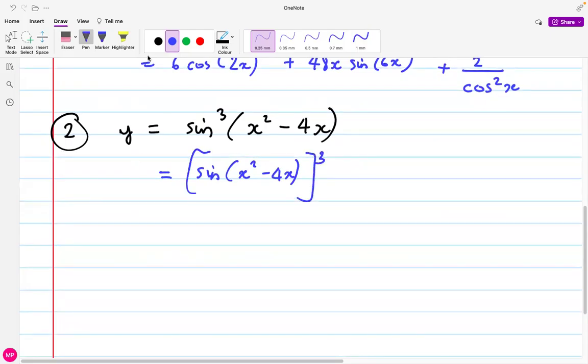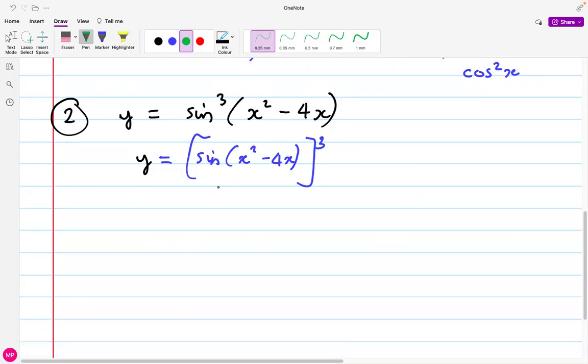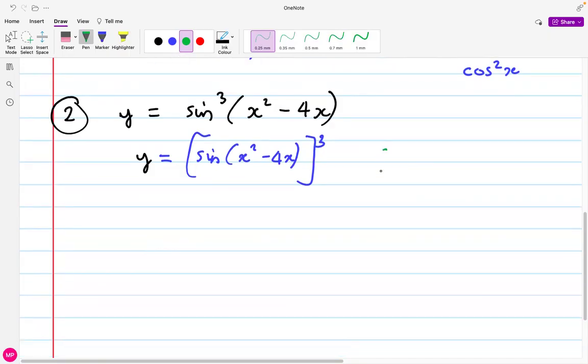So you can see we actually have a power here, something to the power of 3. So we're going to use the power formula first: f of x to the power of n, the derivative of that will be n times f of x to the power of n minus 1 times f dash of x.